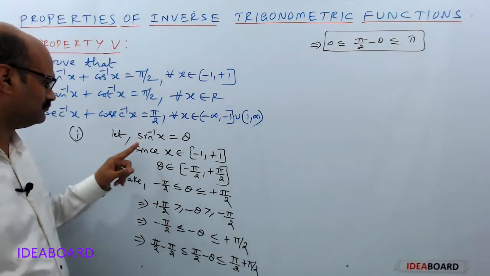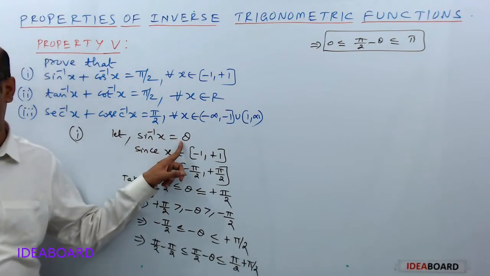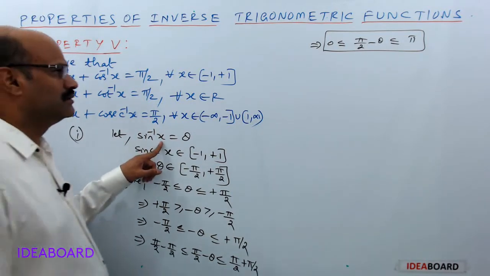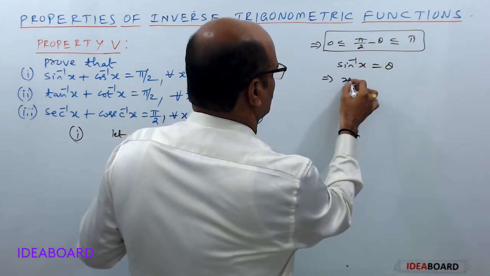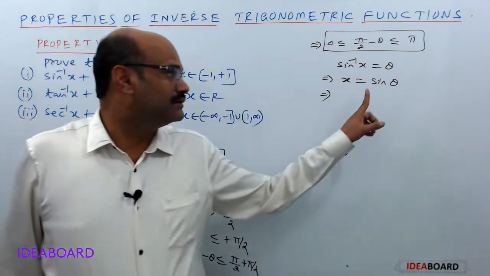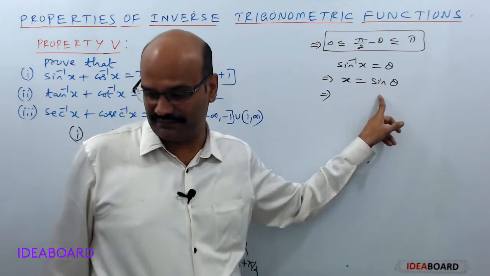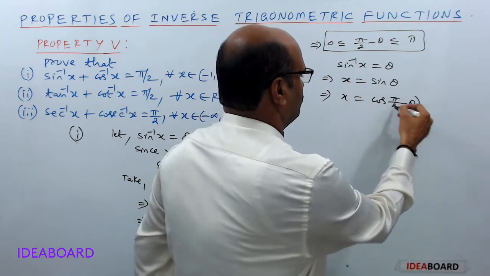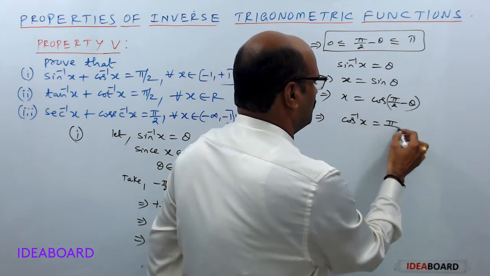Now here we have sin inverse of x equal to theta. It implies x equal to sin theta. Sin theta can be written as cos of 90 minus theta. So x equal to cos of 90 minus theta. It implies cos inverse of x equal to pi by 2 minus theta.